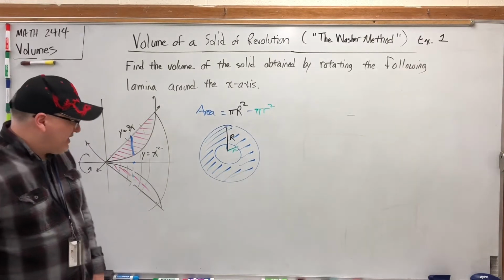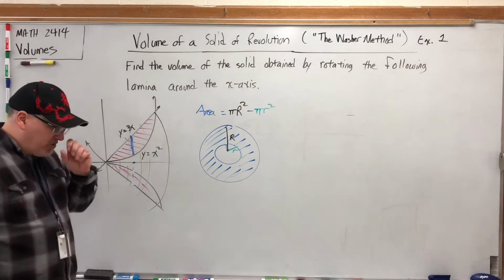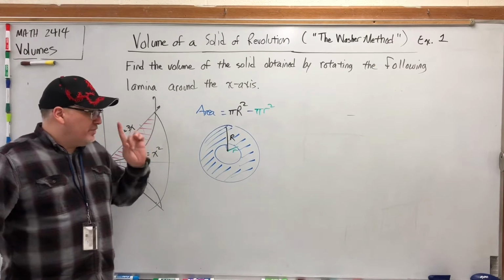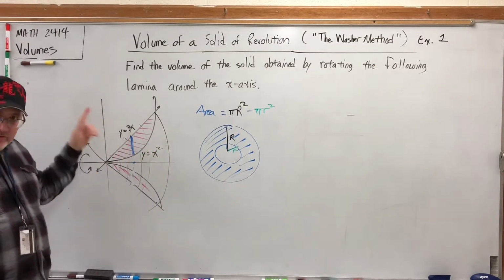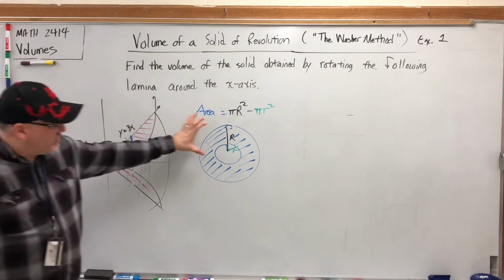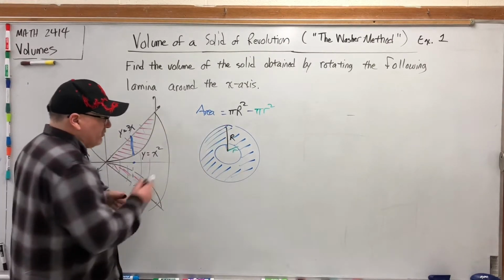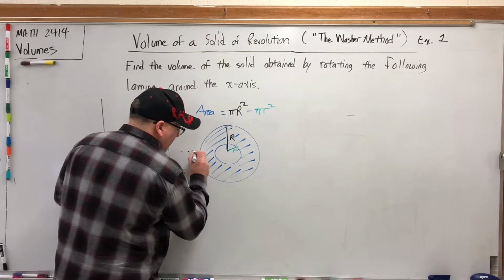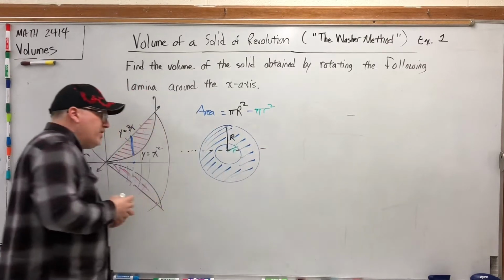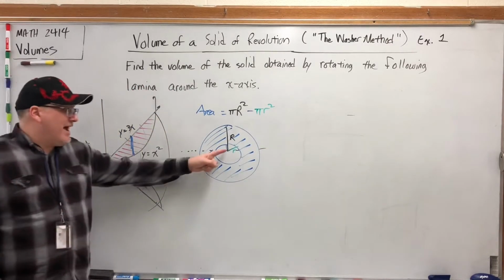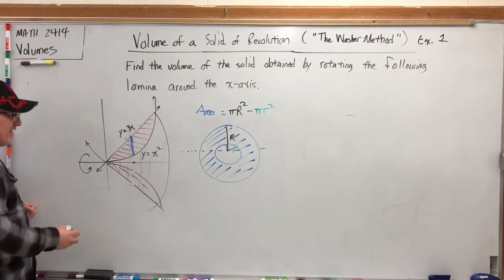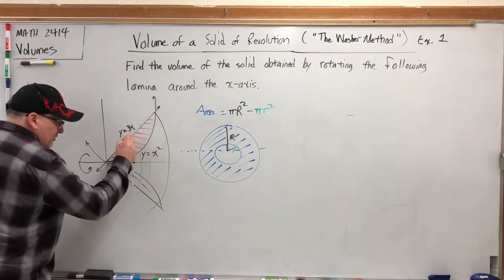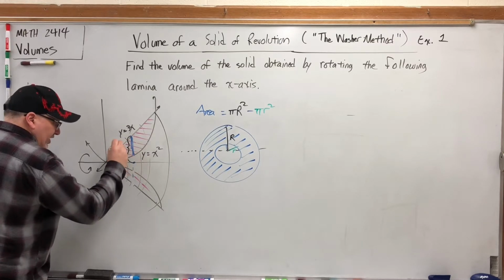But we have to go back to the picture over here and ask ourselves, where is the big radius and where is the little radius in this picture before we rotate it? The big radius, remember the axis of rotation is right here. The big radius is the distance from the axis of rotation to the top of the lamina, meaning that the big radius is right there.